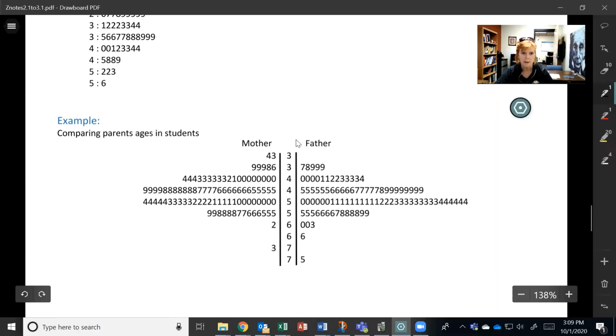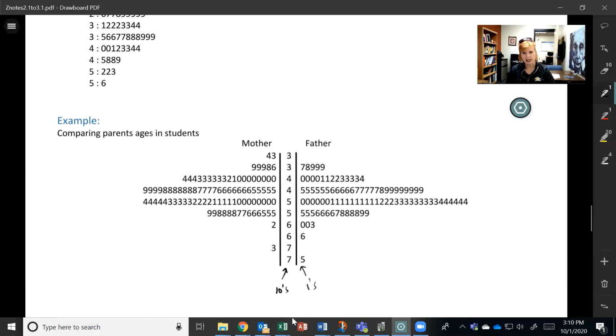So here, my stem, this is the tens place. So this is 30 years. And then here, my leaves, these are the ones place. So somebody's dad was 75 years old. Somebody's mom was 73 years old.